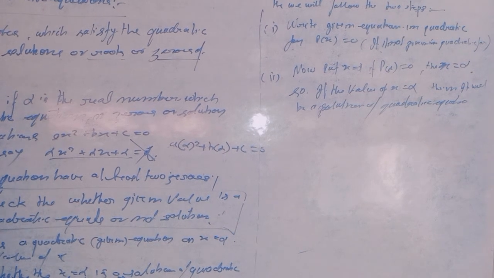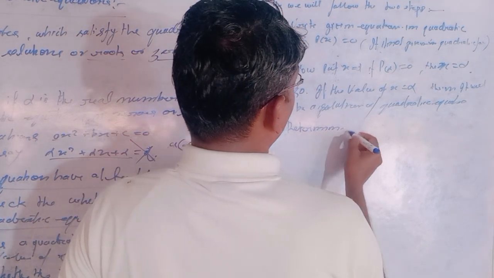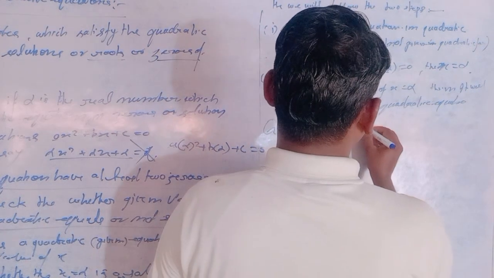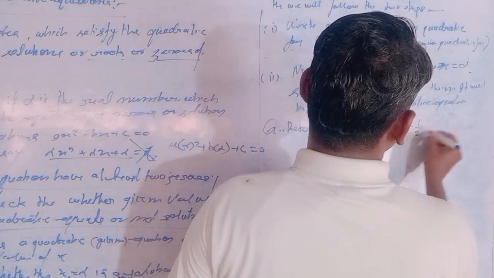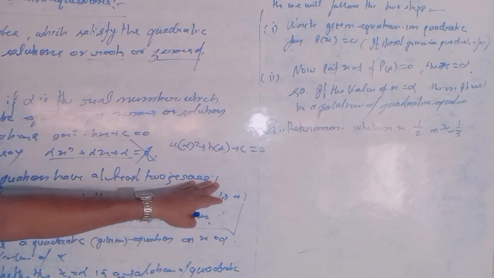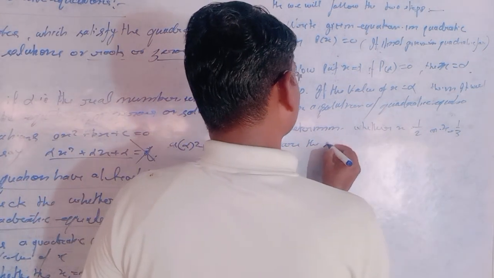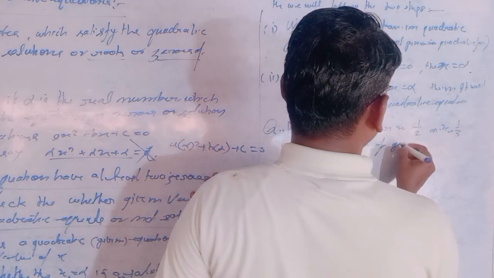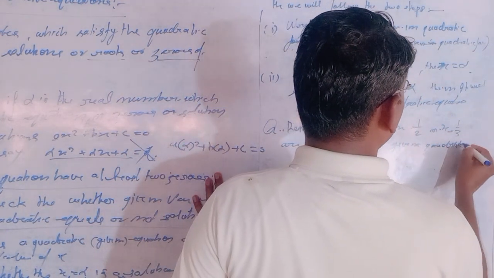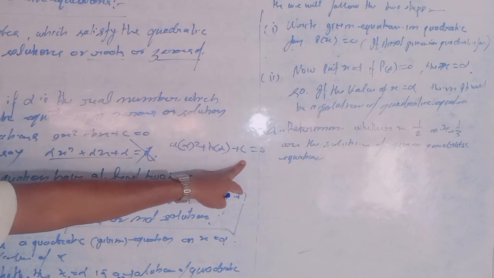Suppose that, here is the question: determine whether x is equal to minus 1 by 2 and x is equal to 1 by 3 are the solutions of the given quadratic equation.